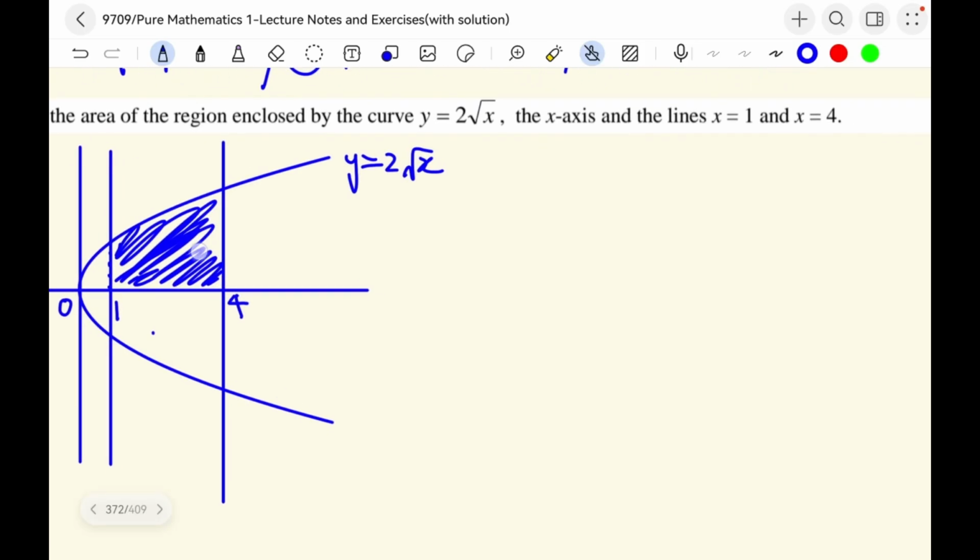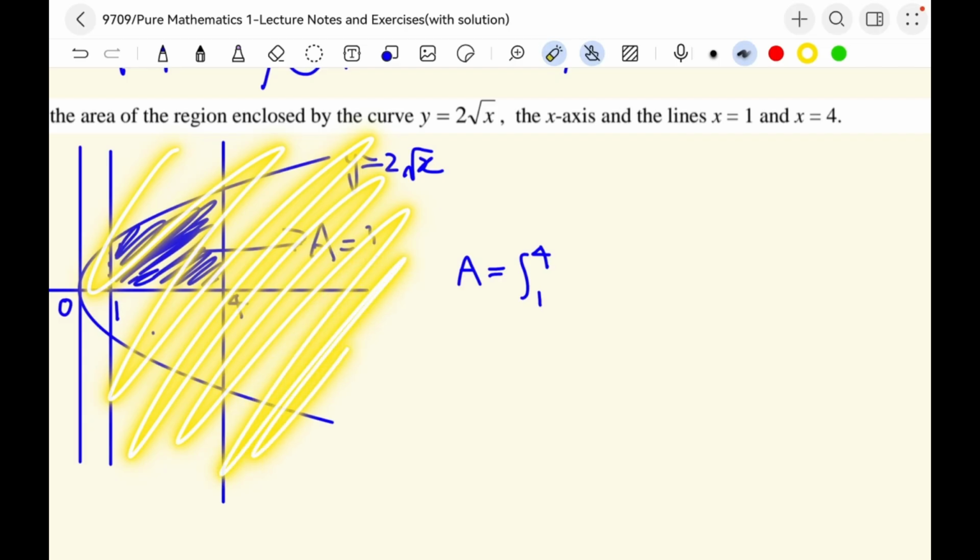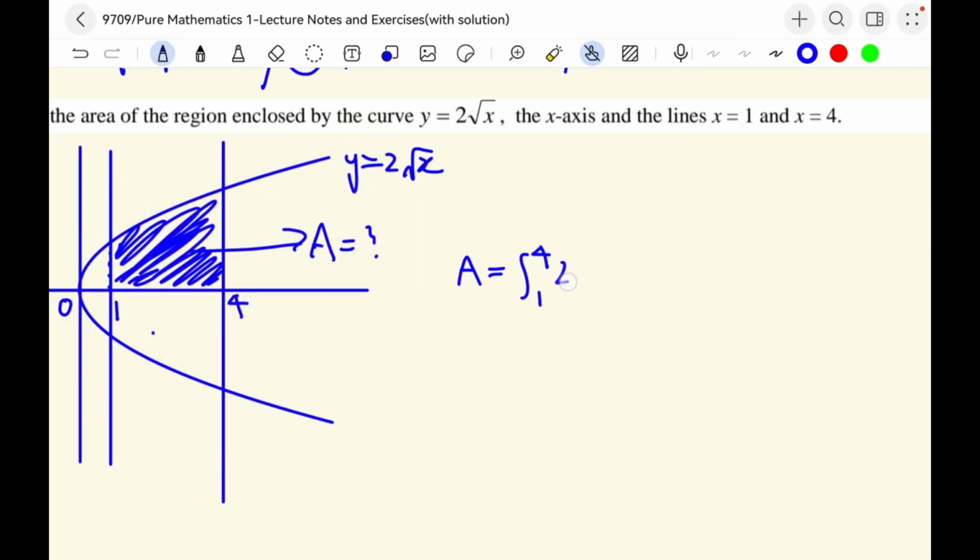To find the area, we use integration. What's the limit? 1 to 4, obviously. Without referring to the graph, we can imagine that the graph is positive and starts from the origin, with limits 1 to 4.